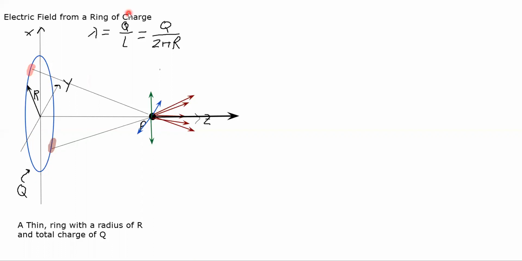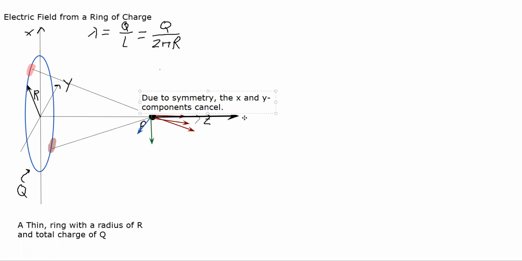So due to symmetry, the x and y components cancel. Okay, so now all we have are the z components. That's all we're interested in.